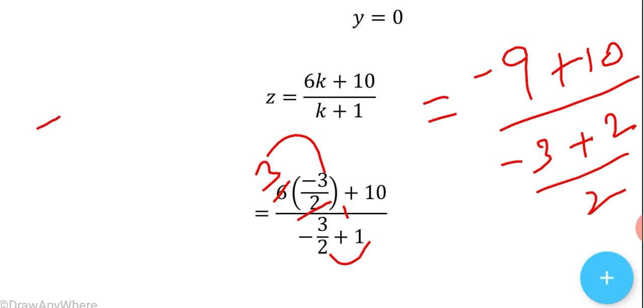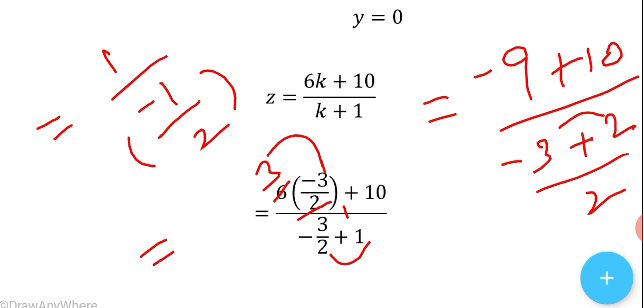So that is equal to -9 plus 10, which means 1, divided by -3 plus 2. -3 plus 2 means -1 divided by 2. So this 2 will go to the numerator and gets multiplied with this 1. So 2 into 1 is 2, divided by -1.